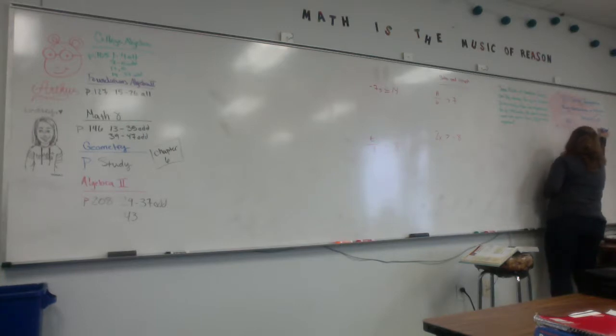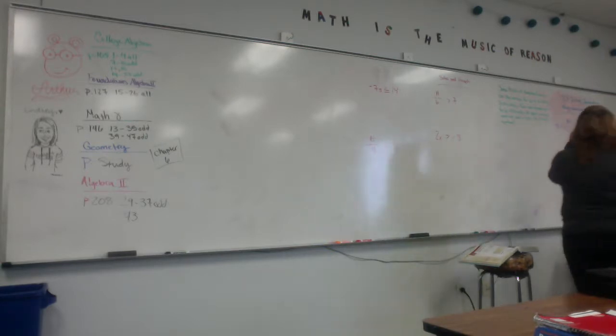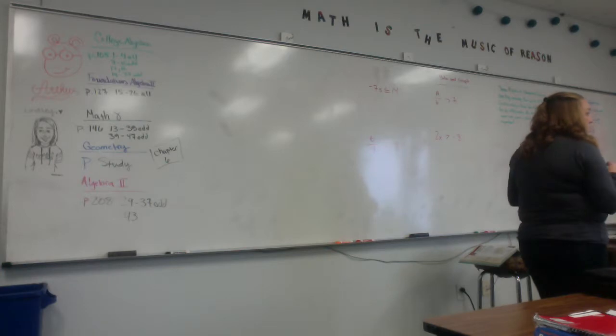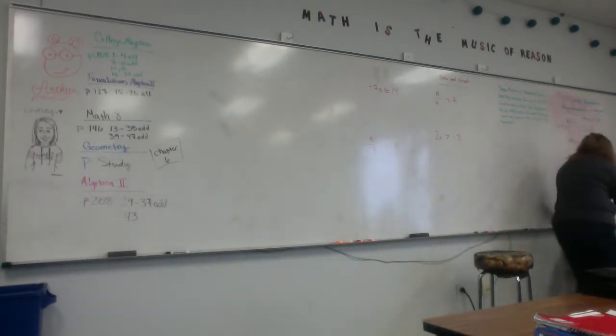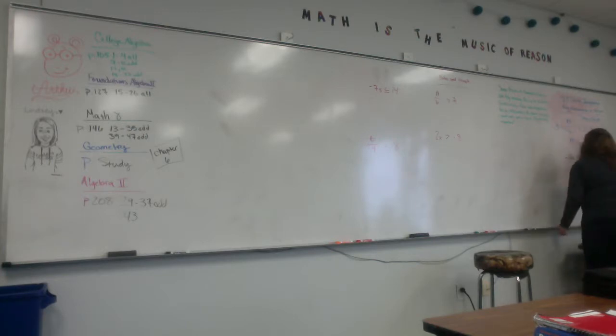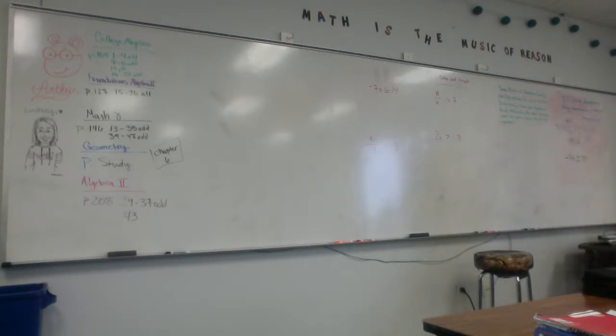When I do that, these cancel and I get m. Now here's the tricky part. You have to flip that sign. It no longer says greater than. It's going to say less than. So m is less than negative 9. If you do not flip your sign when you divide or multiply by a negative, everything's going to be wrong.